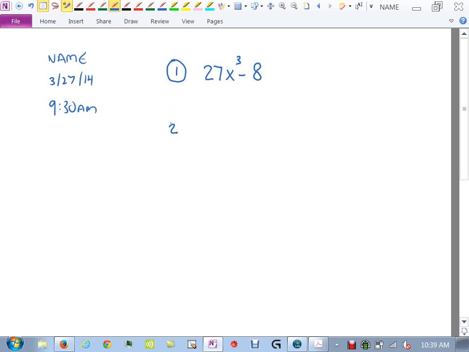I will put the formulas up here. Number 2, I want you to factor x squared plus x minus 12.